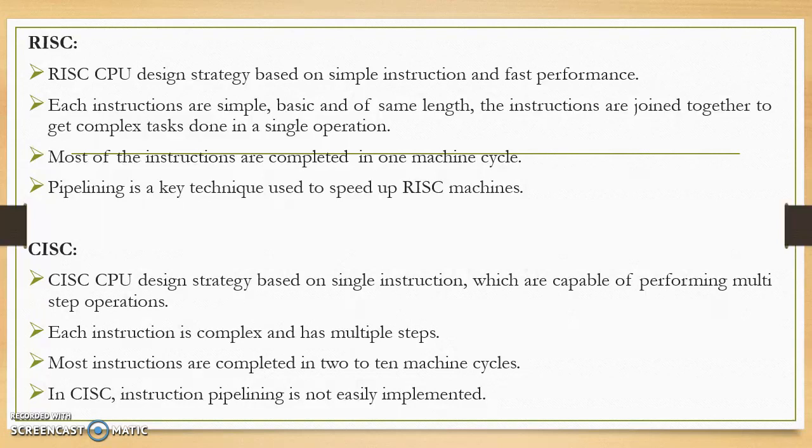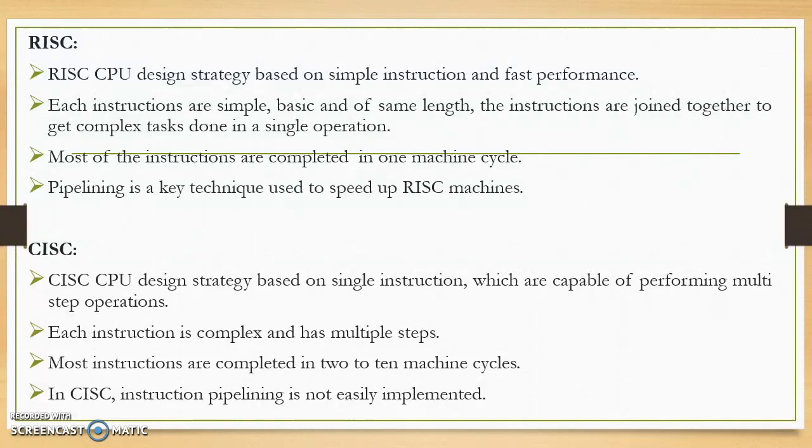The first thing is that the RISC CPU design strategy is based on simple instructions and fast performance, and the CISC design strategy is based on a single instruction which is capable of performing multi-step, that is complex, operations. Second, most of the instructions in RISC are completed within one machine cycle, and in CISC most of the instructions are completed within 2 to 10 machine cycles because they are complex instructions.